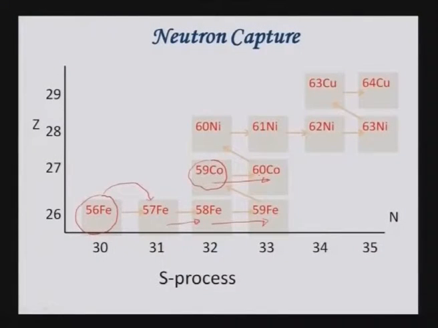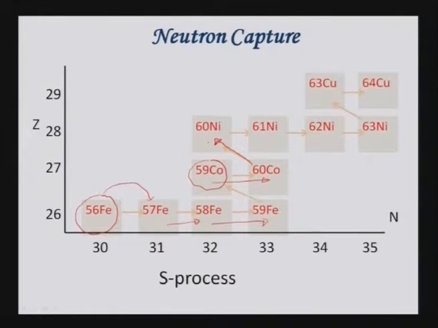Now, this cobalt-59 is stable, it will be there for whatever time till a neutron arrives, till a neutron gets absorbed into it and makes cobalt-60. Now, cobalt-60 is once again beta active, and this will decay to nickel-60.